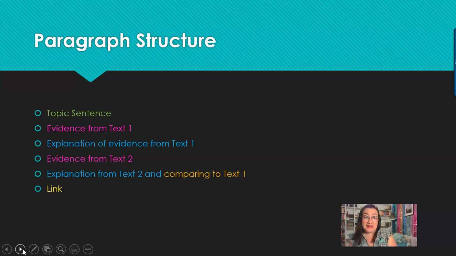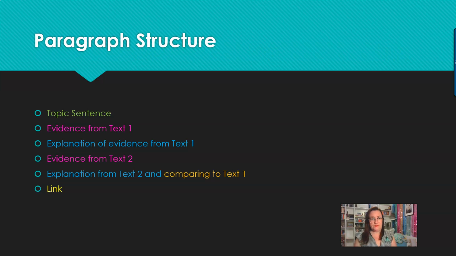Then explain the evidence from text 2. Then we'll do this newfangled thing, compare to text 1. After you've done your explanation, you'll move on to comparing the texts directly, talking about their comparison. And then you'll do a link sentence. But what does that look like in the flesh?